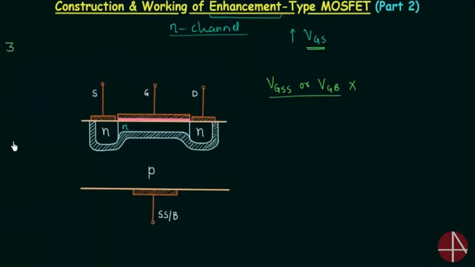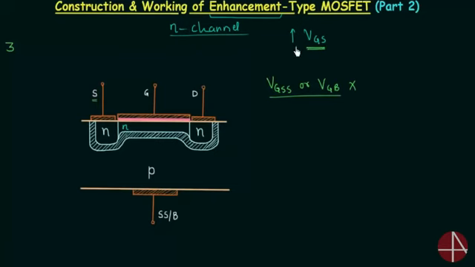This is because the source terminal and the substrate or body terminal are connected internally. So the voltage VGSS or VGB we can write as VGS, which is actually gate to source voltage, because source and substrate are at the same potential. The potential difference between them is equal to 0 volt. So this is the reason we are representing gate to body voltage as VGS.